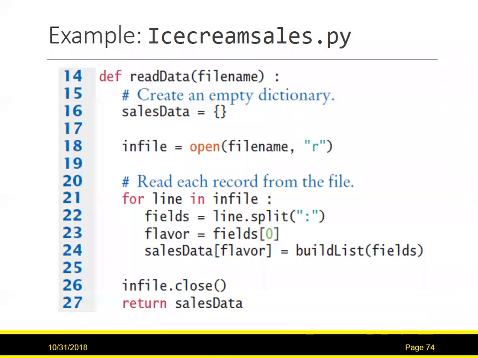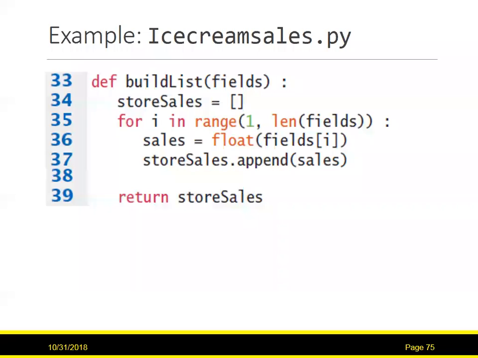And then the others we're getting from our function build list, which is here. So build list takes a list called field, iterates through it, and starting at 1, because we're skipping the first one, 0, because that one's flavor. We already got that. And then pulling that out and appending it to a new list.